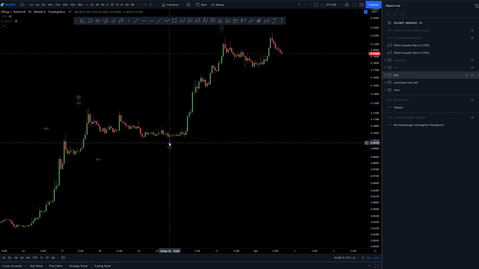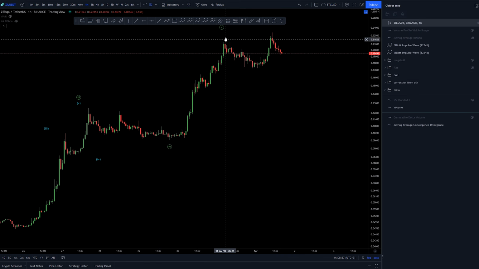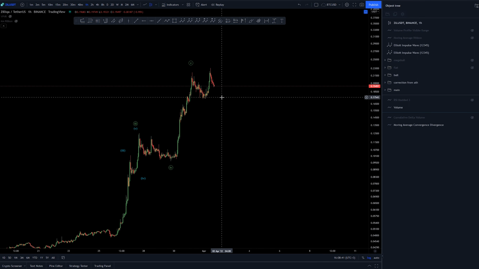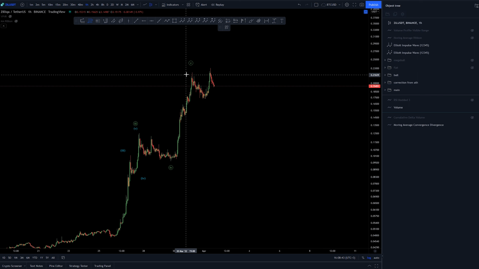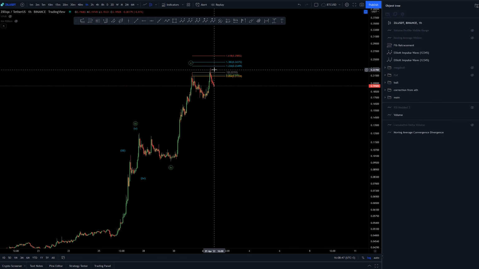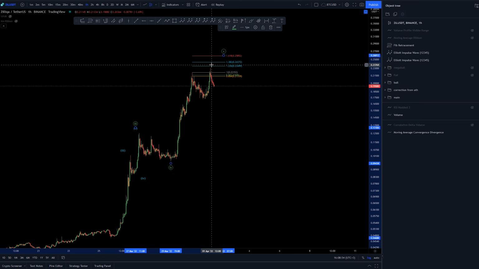Most likely here, so it would be 1, 2, some kind of 3. I haven't labeled it yet, but this could be the fourth. Could be some kind of flat pattern here. Not getting us to the expanded flat, or it is an expanded flat, but it's not in the B pocket, so to say.